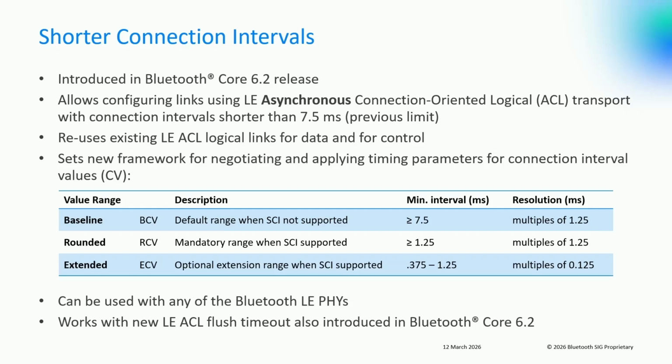The key benefits of SCI are that it can be used with any Bluetooth LE 5 device, and that it works with a new feature that was also introduced with Bluetooth Core 6.2 called the ACL flush timeout, which wasn't available before for ACL links.